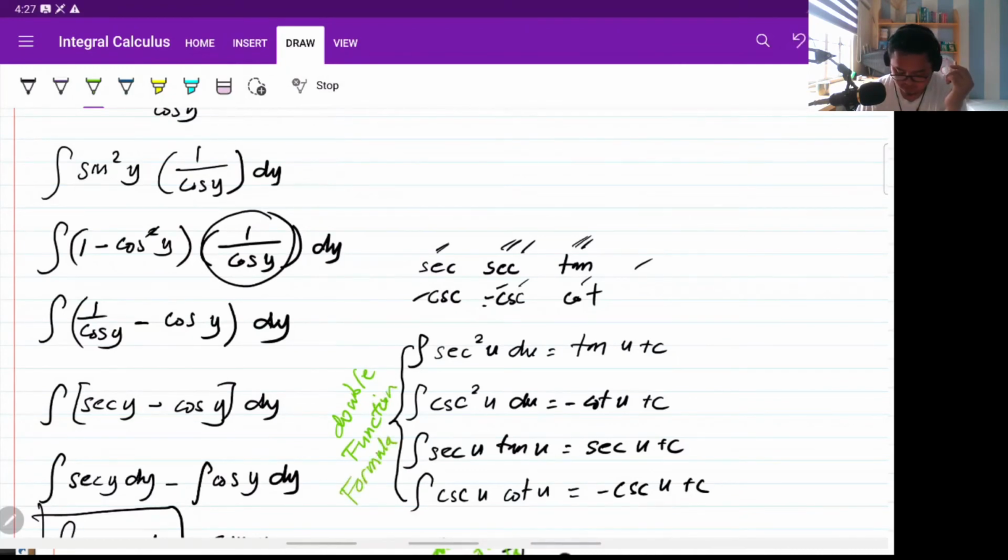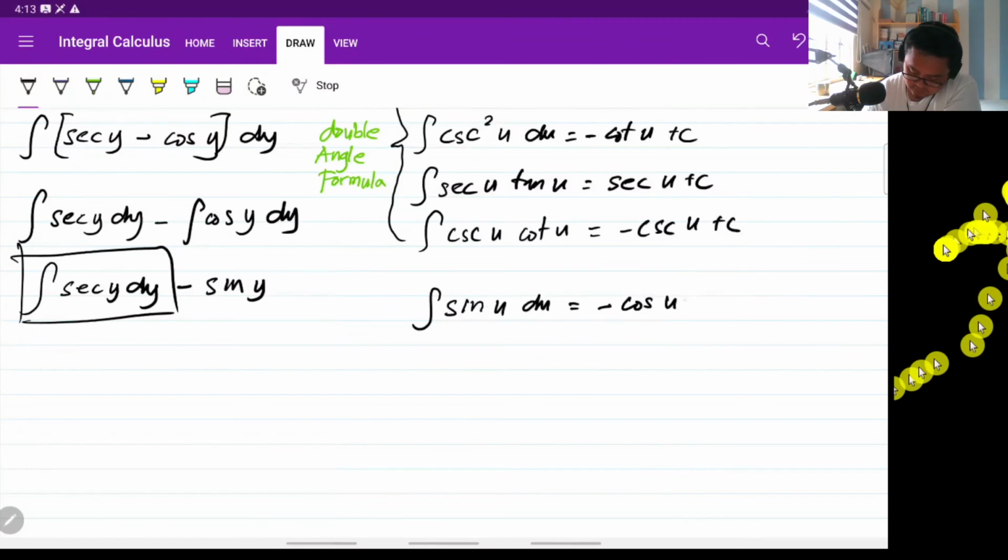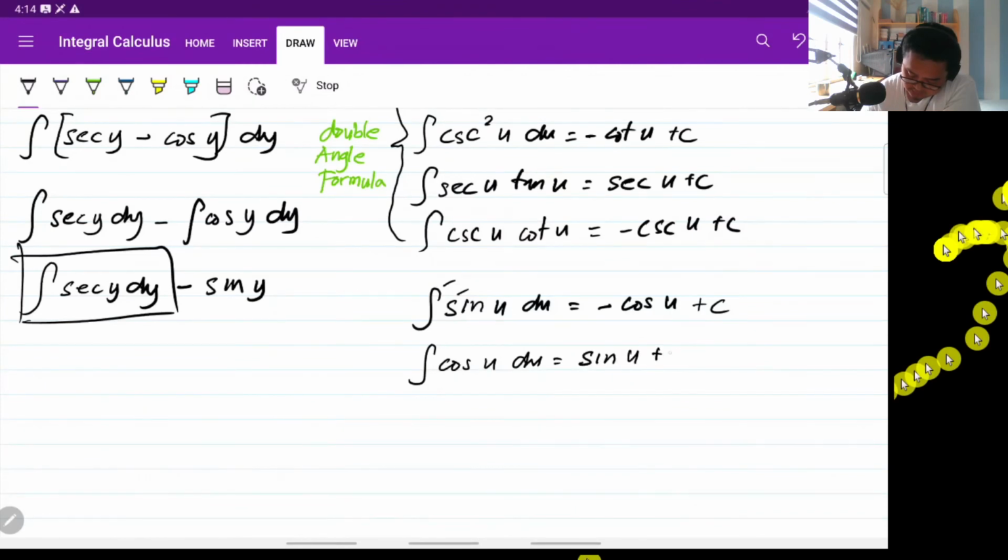Now for the single function formulas. The integral of sine u du equals negative cosine u plus c. It is negative because this starts with S, so it is negative cosine u. The integral of cosine u du equals sine u plus c.